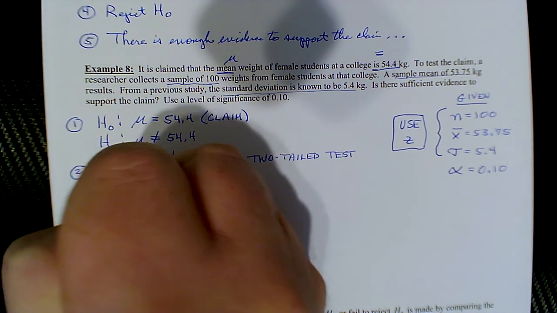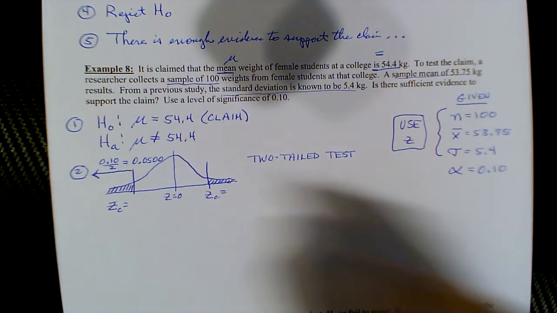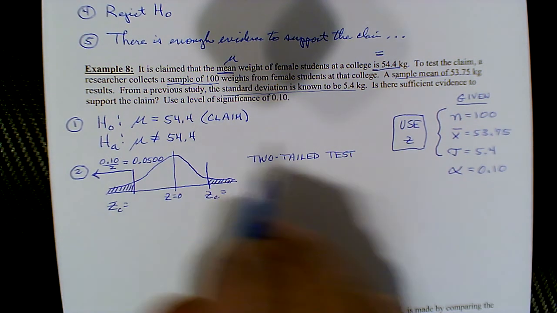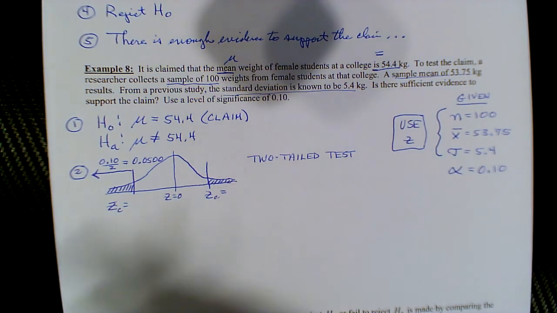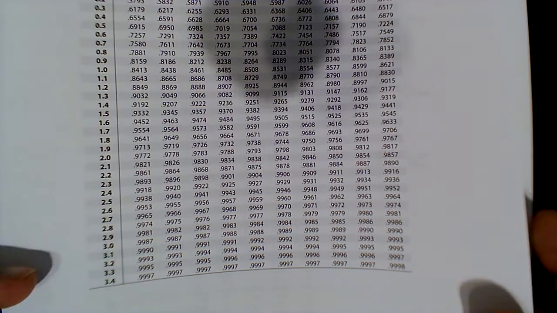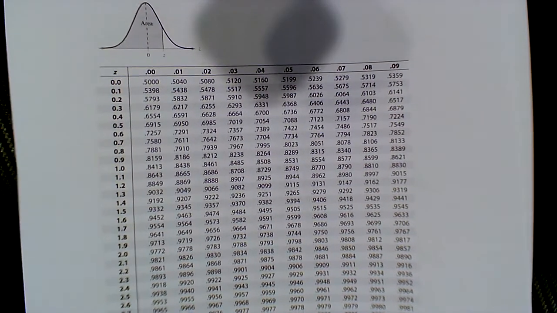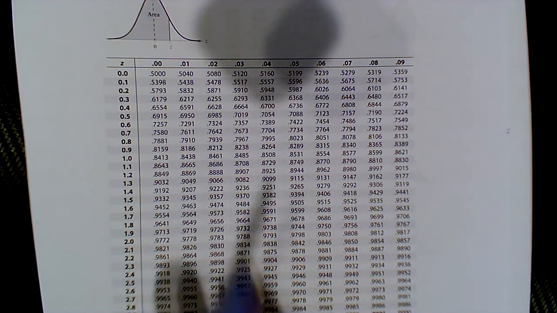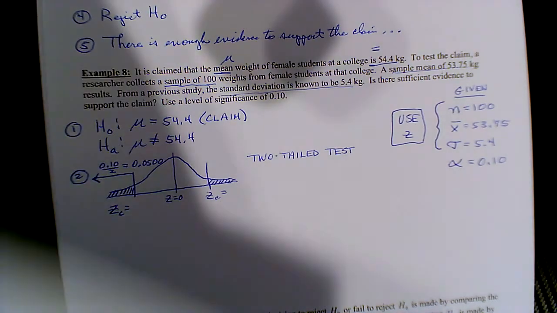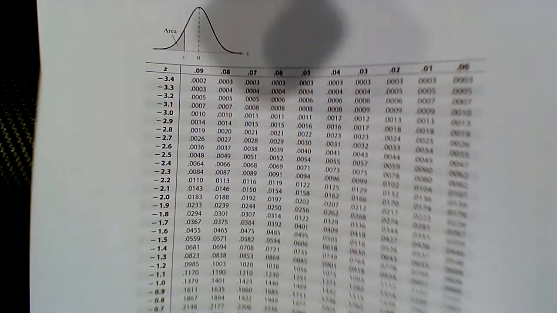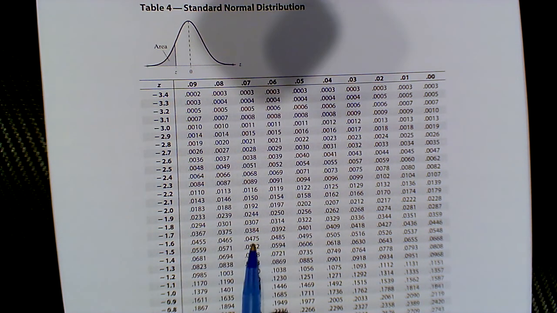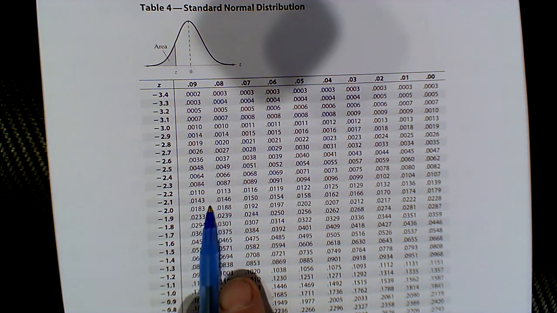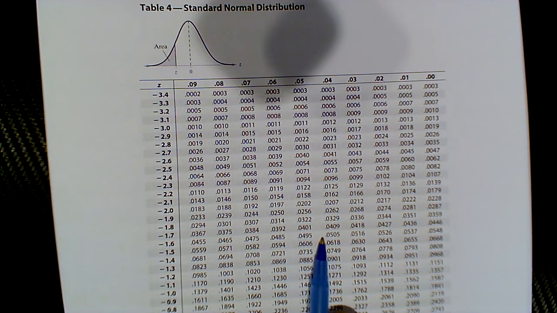When I look up 0.05 in the guts of the table, I find that I'm smack dab in the middle between 0.0495 and 0.0505. So therefore we split the difference in 1.6, and then we're between 0.04 and 0.05, so we'll say 1.645.